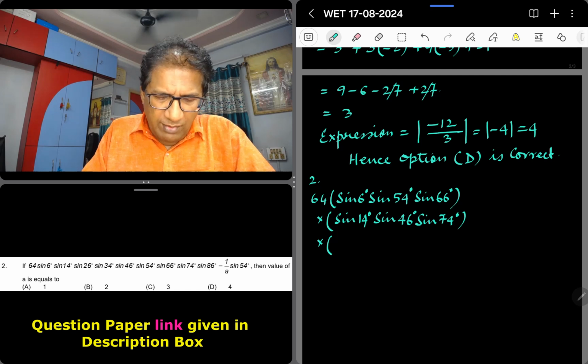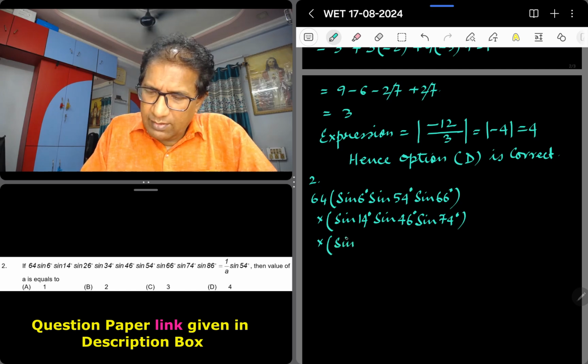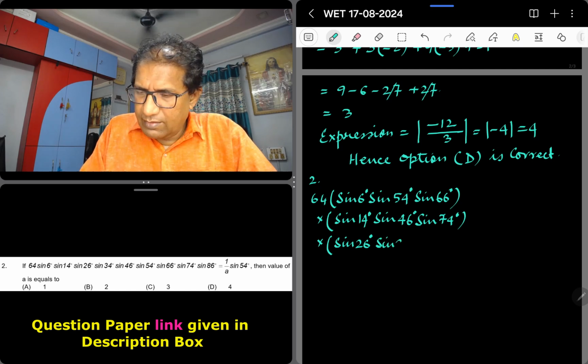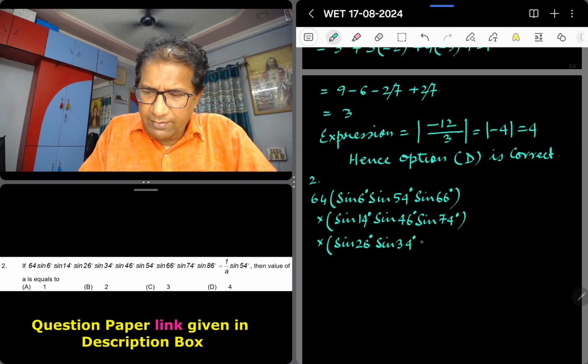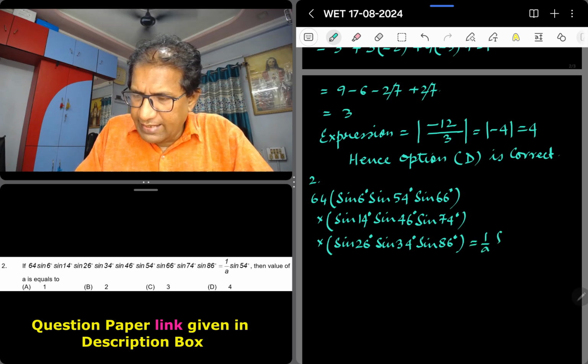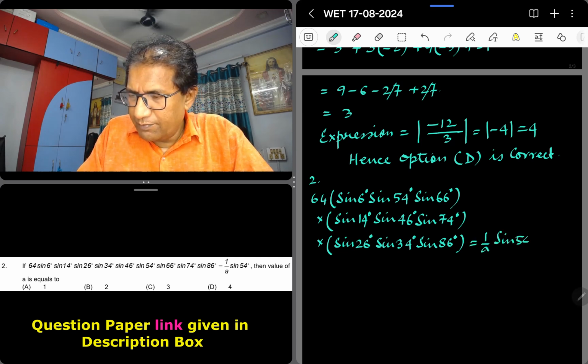And the third group will be sine 26, sine 34 degree and sine 86 degree, right? Which is equals to 1 over a sine 54 degree.